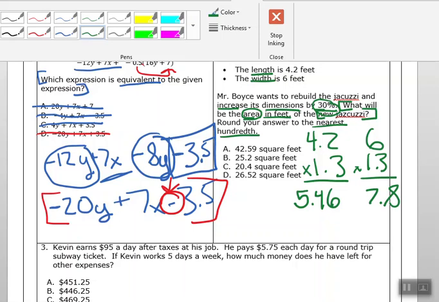All right, so I'm going to go ahead and go 5.46 times 7.8, and that is going to give me 42.588, which I'm going to round to 42.59. Okay, so I have here 42.59. All right.